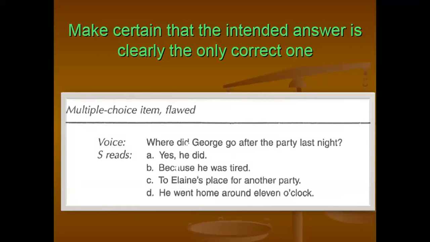Now here, another flawed multiple choice item, the same one that we read previously. Where did George go after the party last night? It's called flawed because in the options there are two that are clearly incorrect, which are A and B. They clearly do not answer the question, but we have two that could be the correct answer if one isn't paying attention.